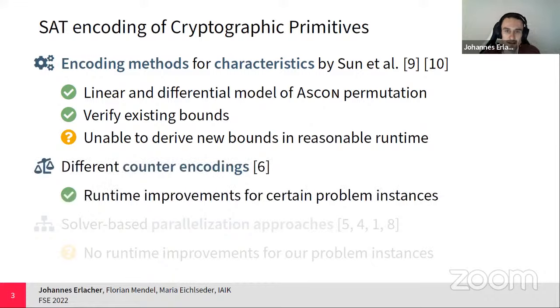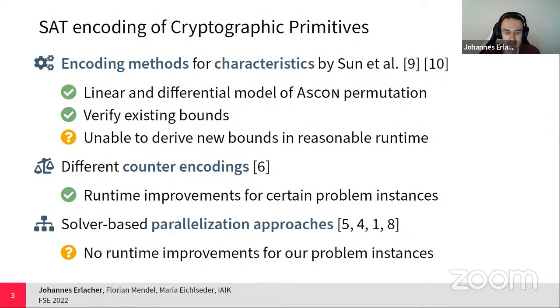We also see that there are different methods to constrain the maximum weight of S-box transitions within our model. These alternative counter encodings provide optimizations in terms of the number of variables and clauses they are using, and can therefore significantly impact the runtime for certain problem instances.